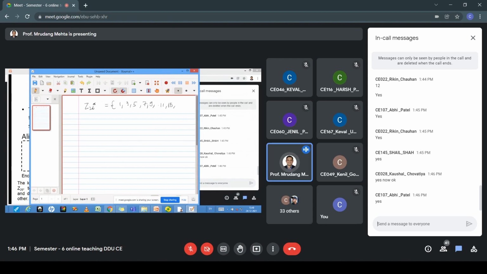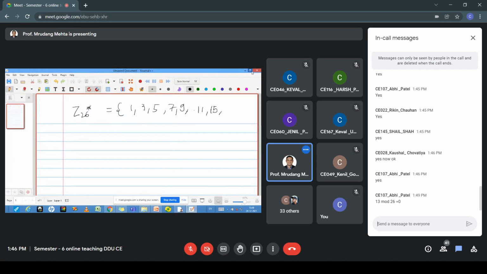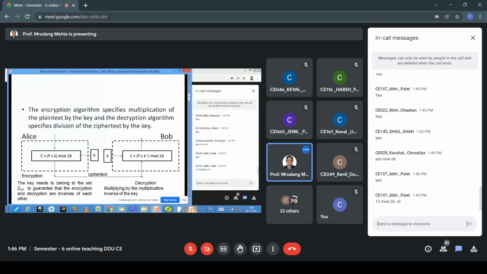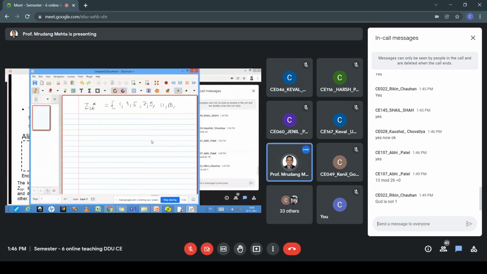Why is 13 not there? 13 mod 26 is 0. Correct, that is why. Then 17, 19, 21, 23, 25.